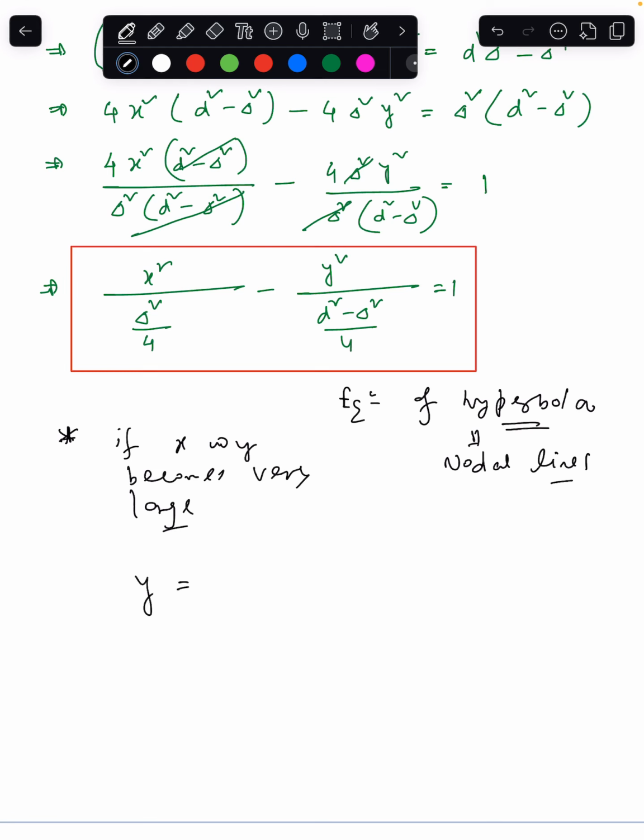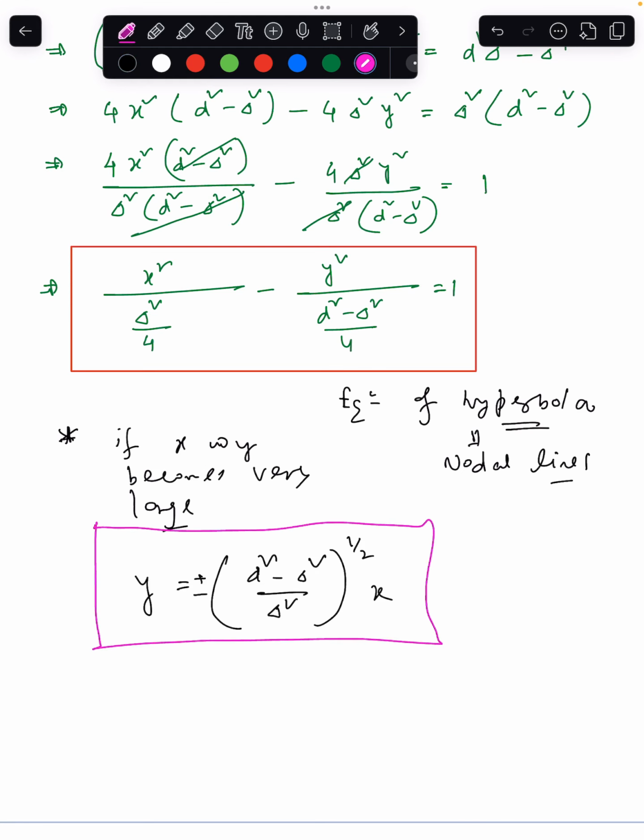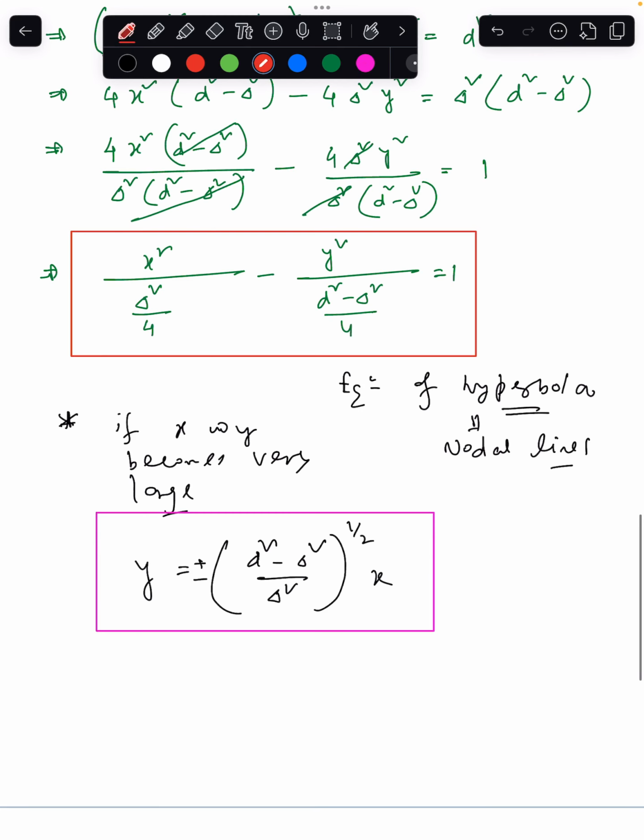Y will become ((d square minus delta square) by delta square) whole to the power half into x, plus minus this. And my dear friends, with the kind of mathematical knowledge you have, you are all champions of this, you know very well that this is going to become a straight line, right?